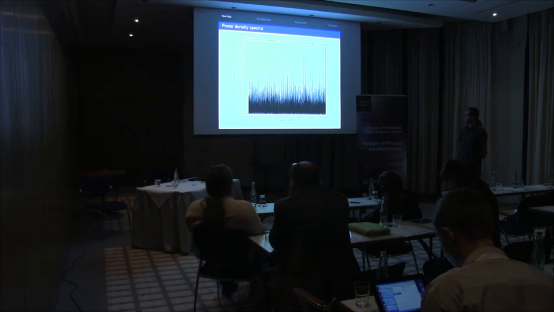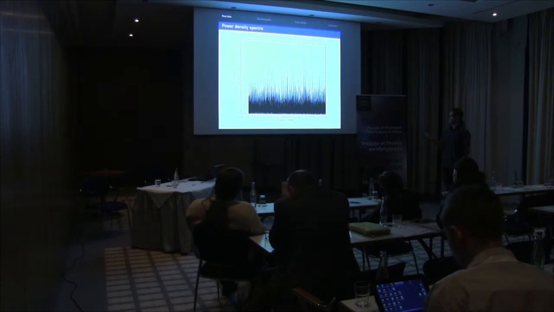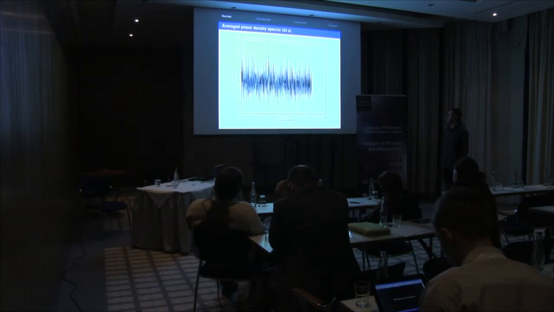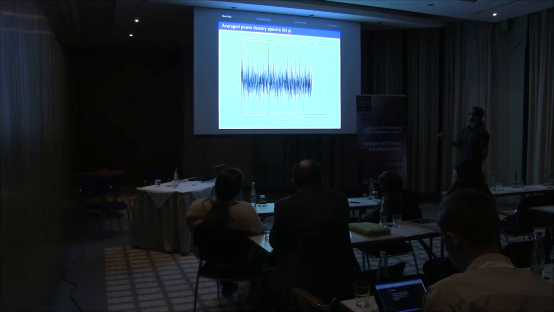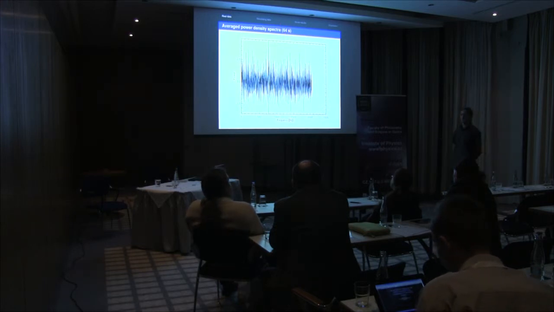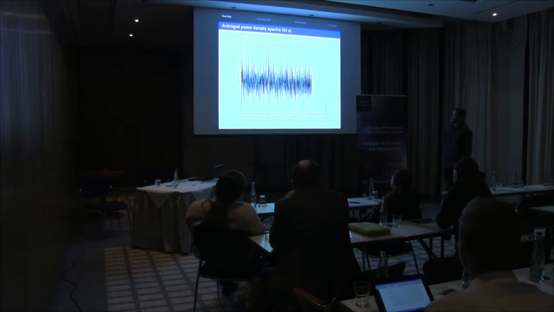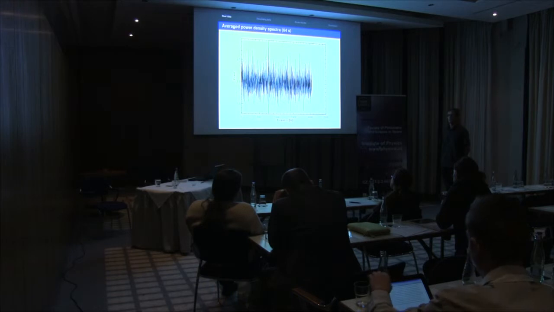This is a power density spectrum obtained from 2 seconds of the light curve. The next thing we can do to get rid of the noise is to average several of such power density spectra. We obtain something like this. This power density spectrum in total has an integration time of 64 seconds, obtained by averaging 32 two-second power density spectra.